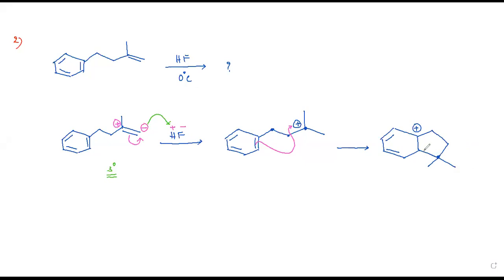I think it's okay. Now let us do the same thing again. Let us take a hydrogen out. Let us take this bond to the rescue of the positive charge, towards the positive. That's it. We get this final product. Here you can use a fluoride to abstract H plus.